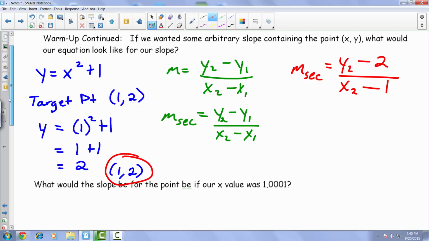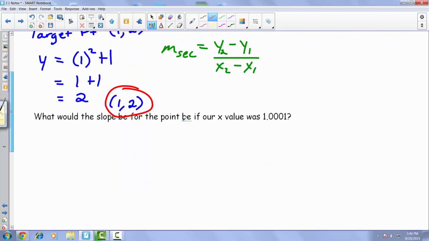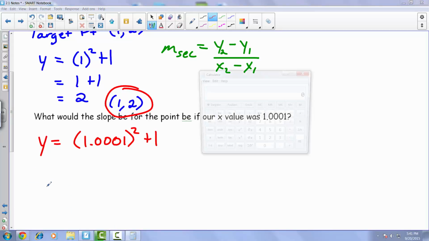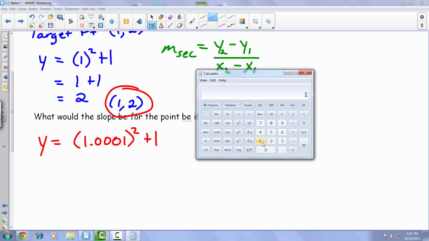So we have to find our y value for this particular 1.0001. So y is equal to 1.0001 squared plus 1. Taking the calculator out, this is our corresponding y value.